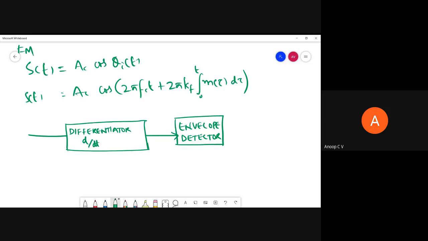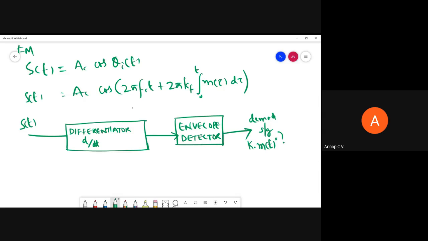If anyone is having any doubt regarding the envelope detector, you can either ask me or refer to those videos. So we will get the demodulated signal, that is m of t, not only m of t, but m of t with some multiplication factor. That's what we will get here. We'll see what exactly we will get here.